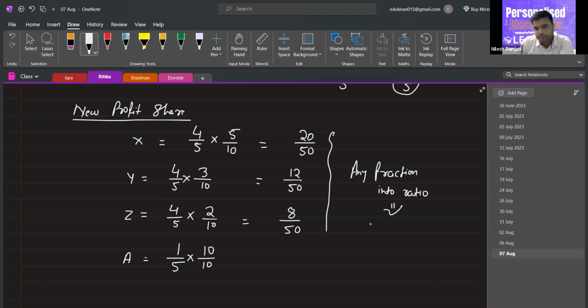I understood why we did that for A, but for the remaining partners, why are we multiplying it with 5 by 10, 3 by 10, and 2 by 10? Why are we doing multiplication for finding the new profit share?